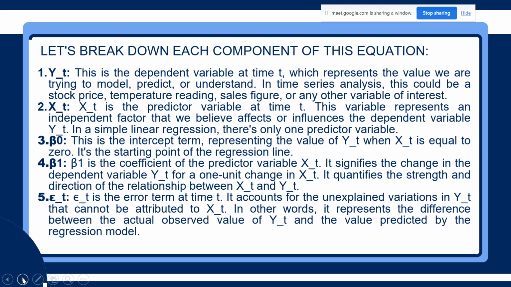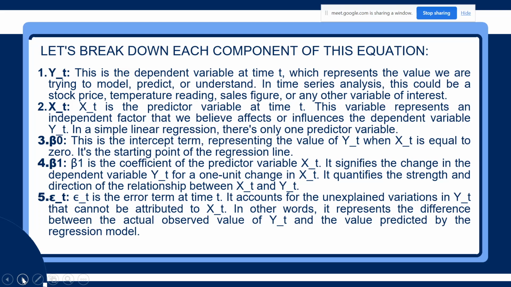B1 is the coefficient of the predictor variable x underscore t. It signifies the change in the dependent variable, which is the y underscore t, for a 1 unit change in x underscore t. It quantifies the strength and direction of the relationship between x underscore t and y underscore t.